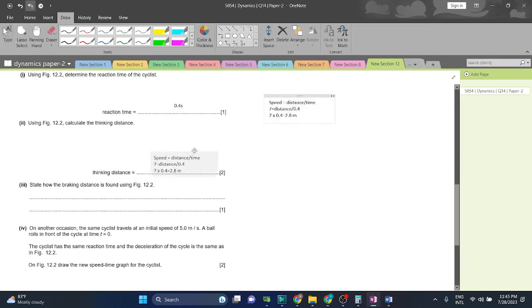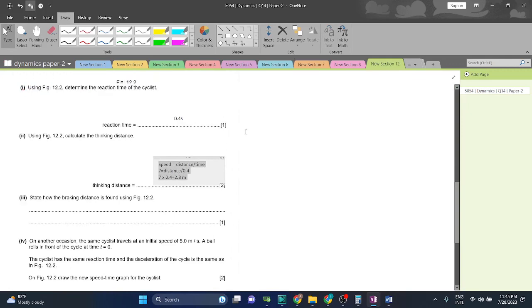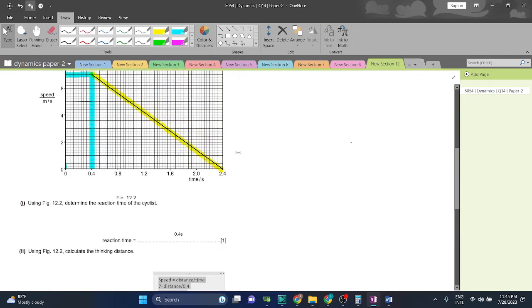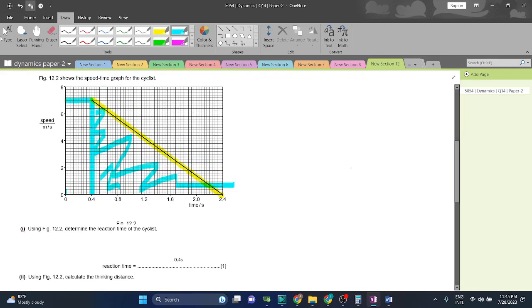Yeah, my bad. State how the braking distance is found using figure 12.2. It is going to be found using the area under the graph, under the line. This area will be found using the formula of a right angle triangle, which is 1 by 2 into base into height, which will give us the area under the line.